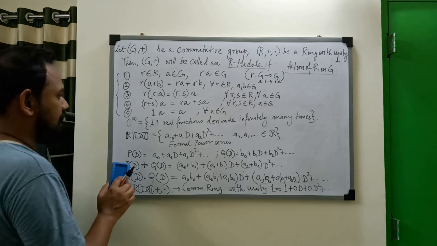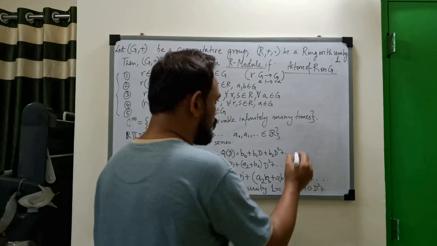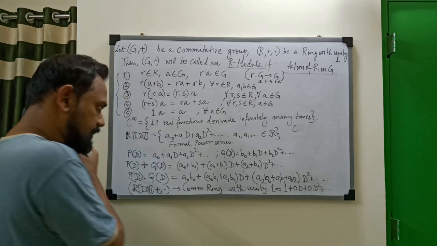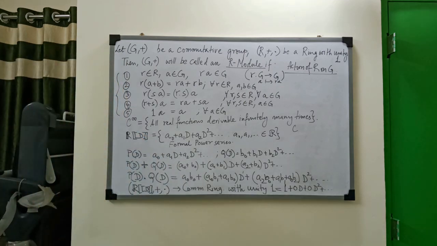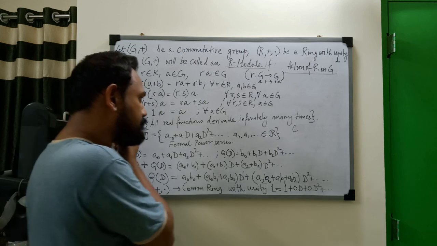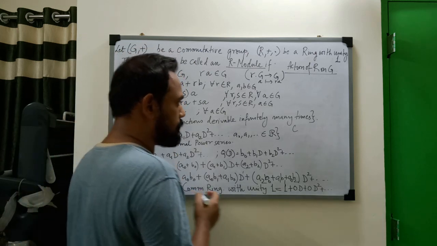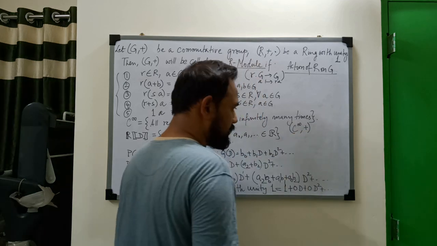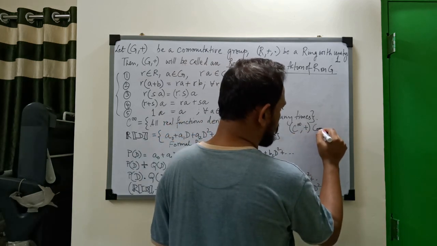And it should also be checked that this C infinity, which is the set of all real functions that are differentiable infinitely many times, with the normal addition sign, is a commutative group.